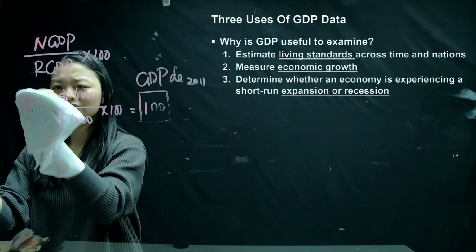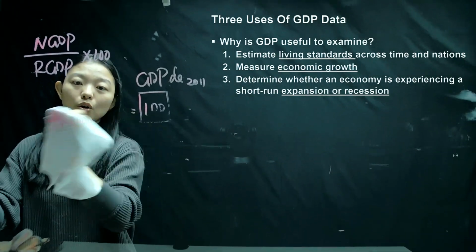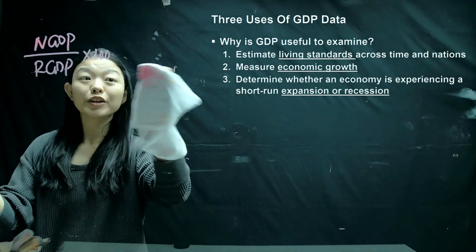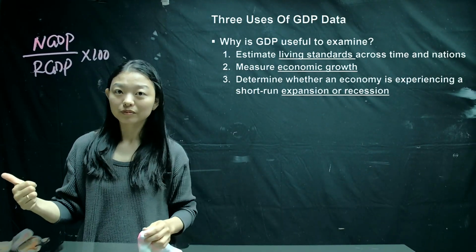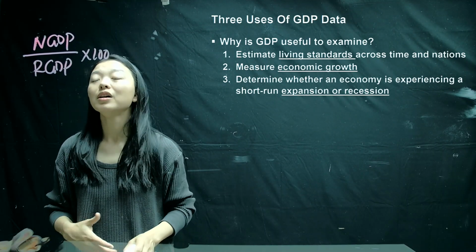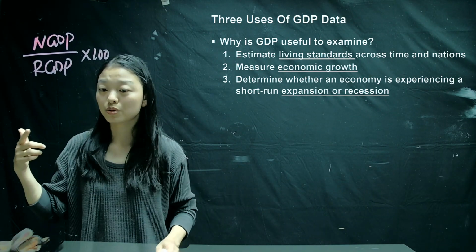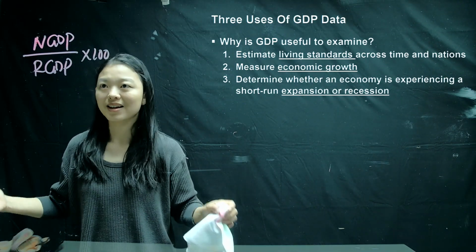Currently, you might hear from the news, online, or maybe on TV, the Q1 or Q2 GDP. Q1 means quarter one, Q2 means the second quarter of the year. For the first quarter of 2022, you will notice that the GDP growth rate is negative.